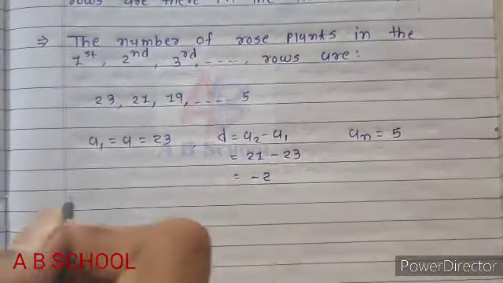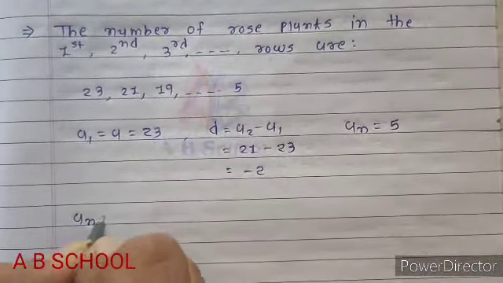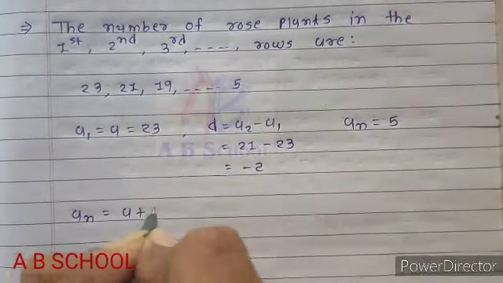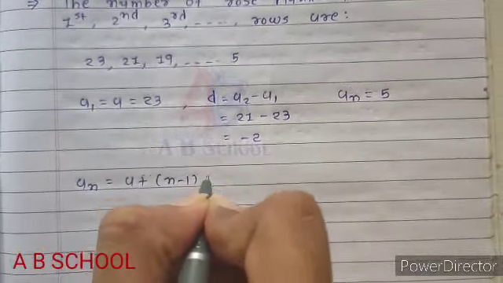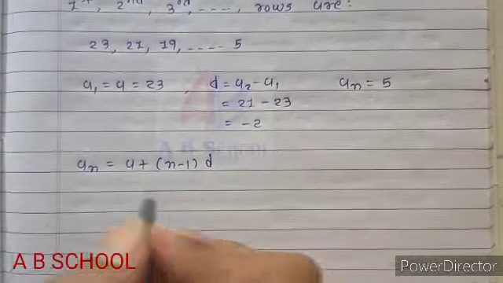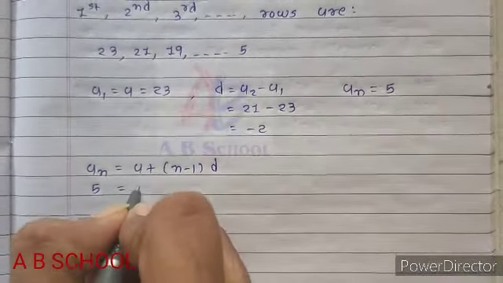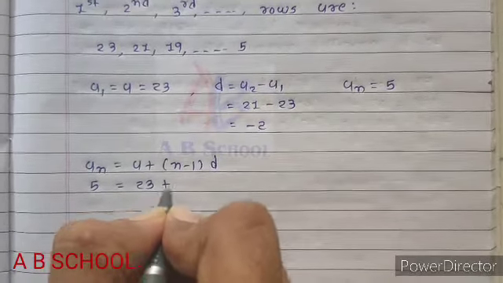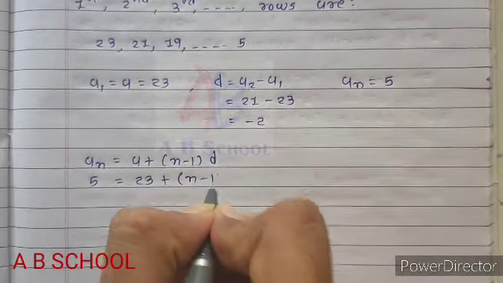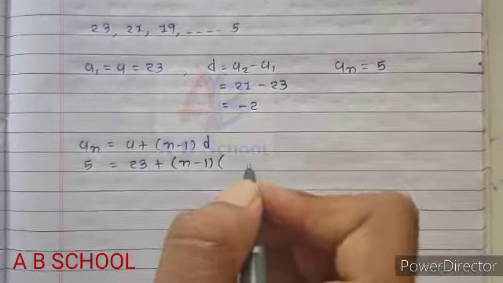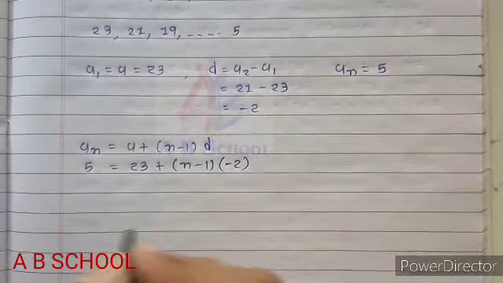So by using the general form of AP, an is equal to a plus n minus 1 into d. The value of an is 5, the first term a is 23, and we have to find n. So (n minus 1), and common difference d is equal to minus 2.